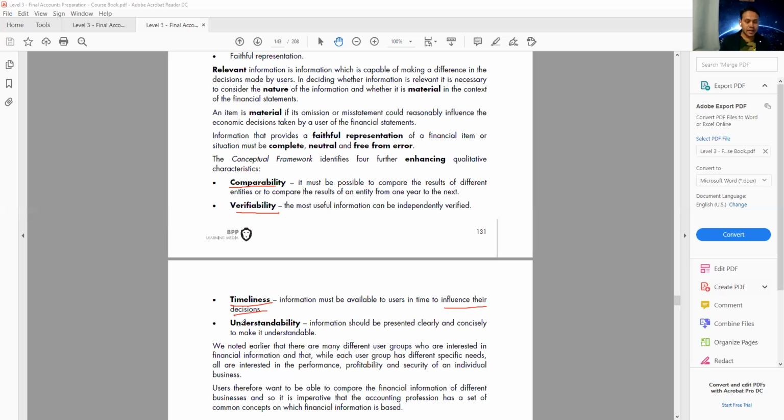Then we have understandability. Information should be presented clearly and concisely to make it understandable, so that when I speak, you need to understand it. For example, I'm taking the class, I'm explaining something, so all of you need to understand it. So when the management or the director prepares the accounts, the shareholders, the actual owners of the company, have to understand every single meaning.